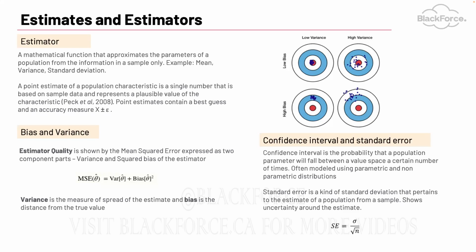And the standard error is a way of standardizing things so that you have a standard deviation that pertains to the estimate of the population from a sample. What we're saying here is you always have the estimate and you have an error, because you're not measuring the actual population, you're measuring a sample. And this is the formula for the standard error.